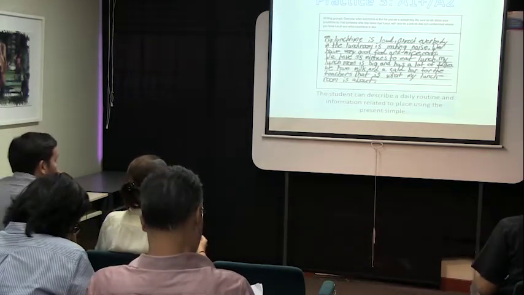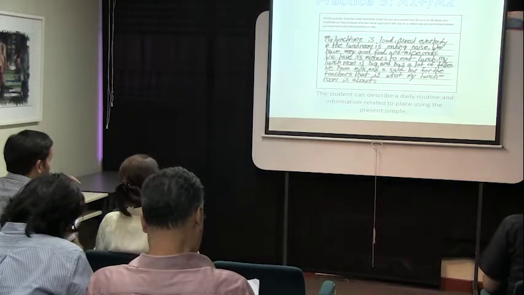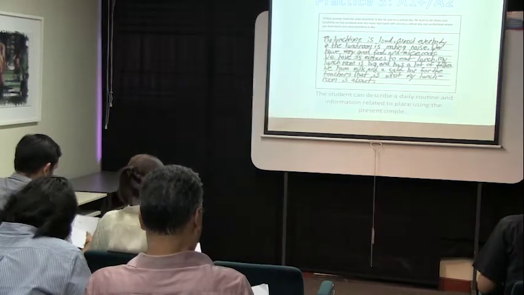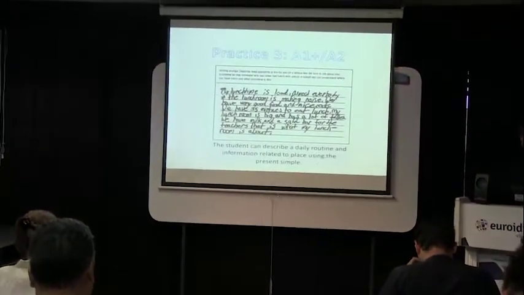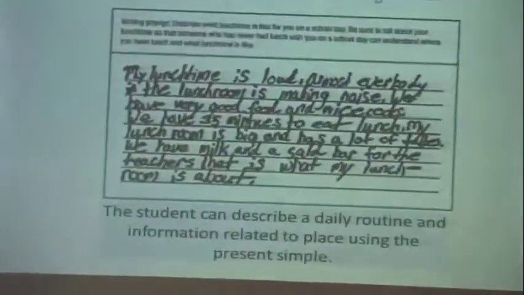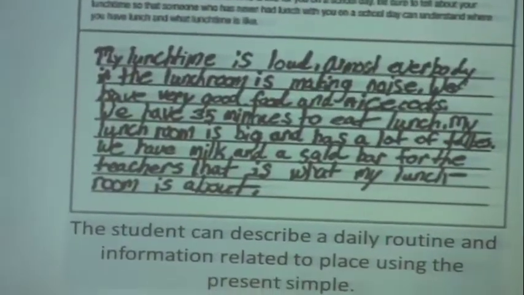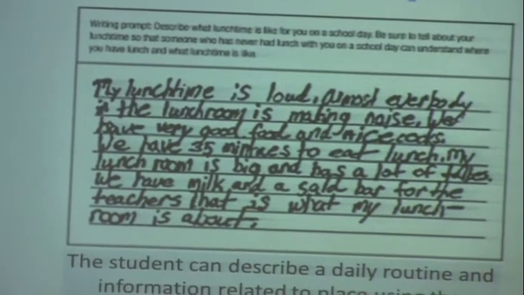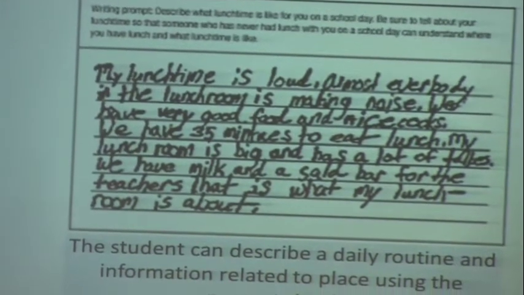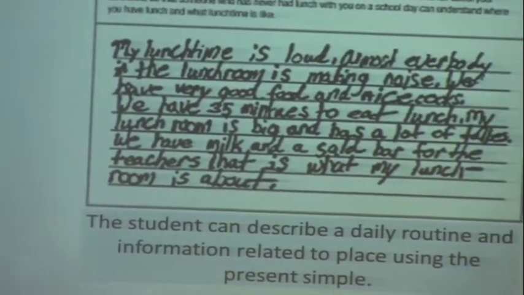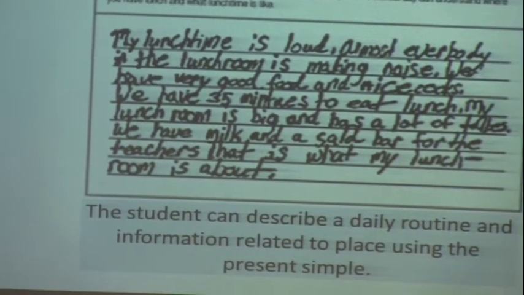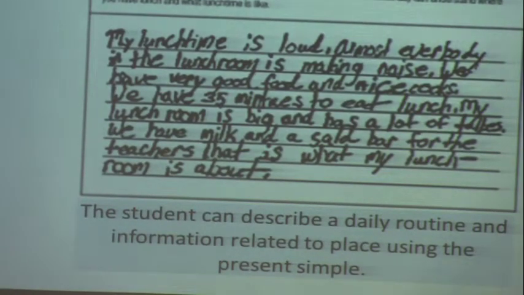All right, so here the student can describe a daily routine and information related to place using the present simple. If you look at the writing prompt, the actual task, it says, describe what lunchtime is like for you on a school day. Be sure to tell about, that's a little strange, the construction.